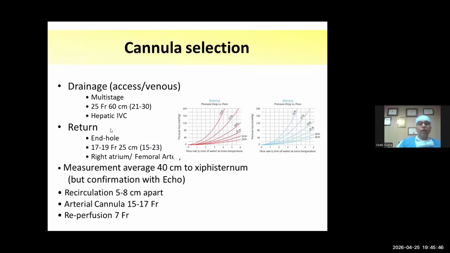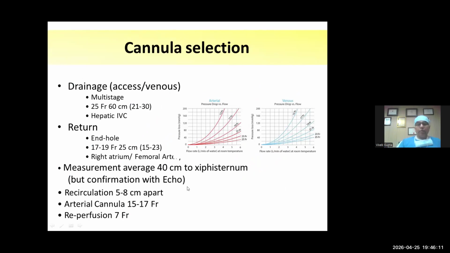A drainage cannula, that is the access or venous cannula, should be multi-stage, usually 25 French, 60 centimeter, and should be placed in the hepatic part of the IVC below the hepatic vein. The return cannula is only a single end hole, 17 to 19 French, a shorter cannula of 15 to 23 centimeter, and it should be placed in the femoral artery.